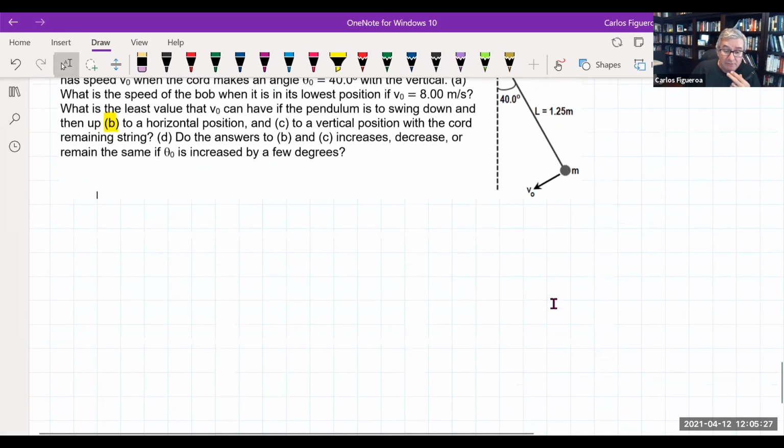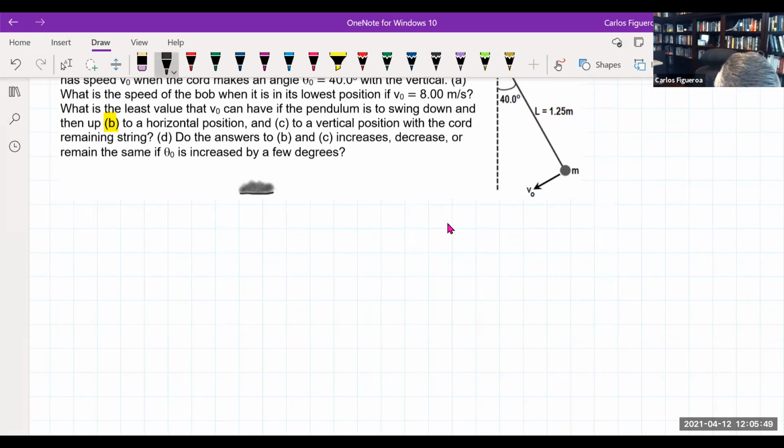So my picture looks like what? Well, this time we don't know what the initial speed is. So what I imagine in this scenario is that I have this thing that I'm looking at. This is where the string is pivoted.